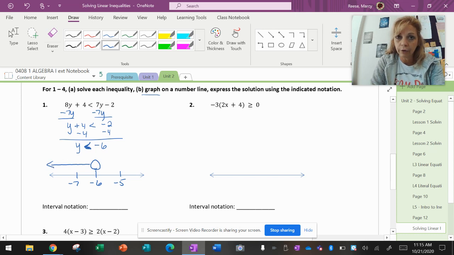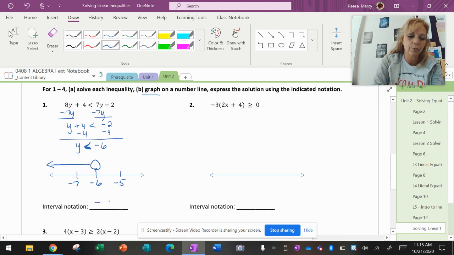For an interval, remember intervals use infinities with brackets versus parentheses. With infinities or negative infinities, you always put parentheses around them. If it includes a number, it's a bracket. If it doesn't include a number, it's a parenthesis. So we look at this and go, negative infinity, because we start at the left and it goes negative forever.